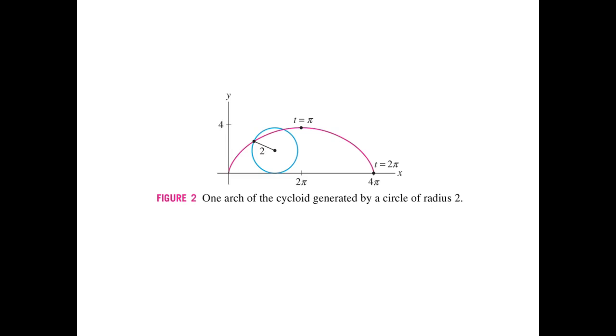And up here, when t is equal to pi, that's your parameter. When t is equal to pi, you have gone from, at this point, roll this back, your angle here is 0.